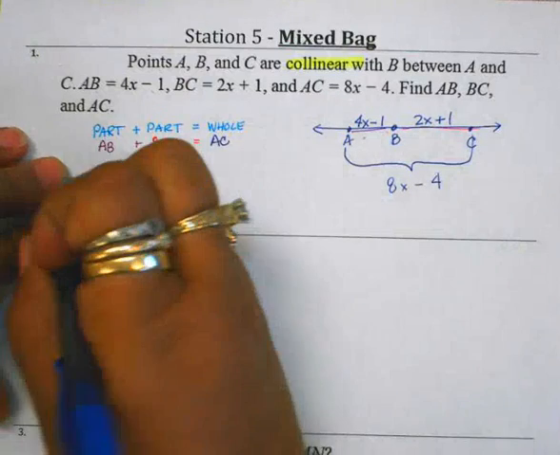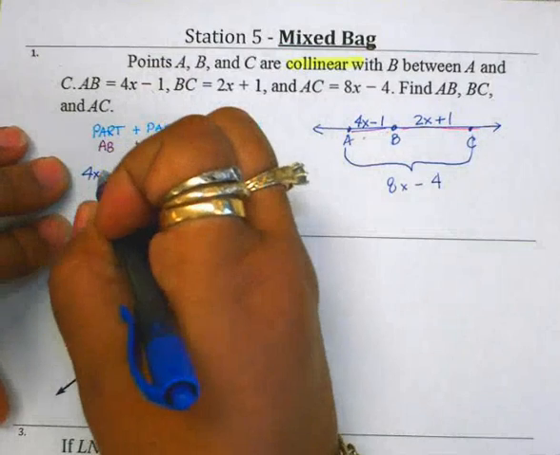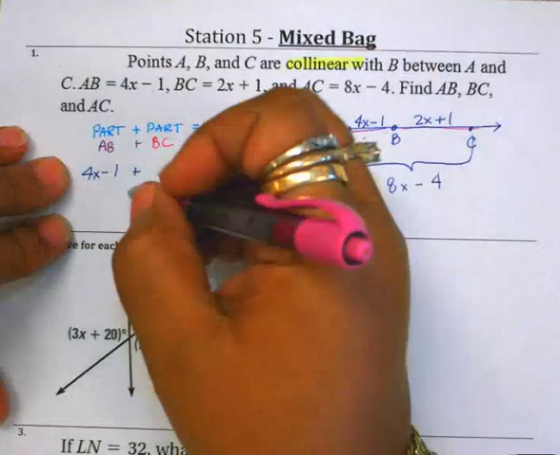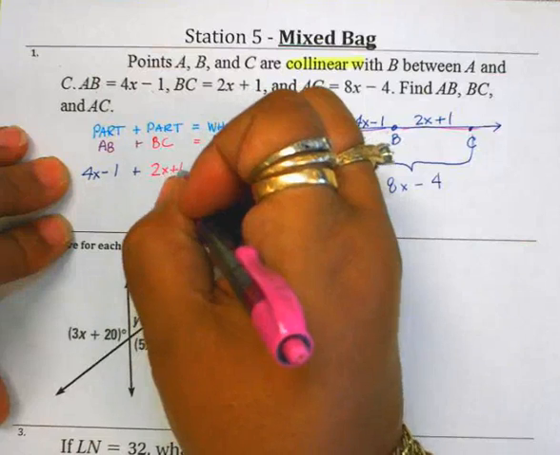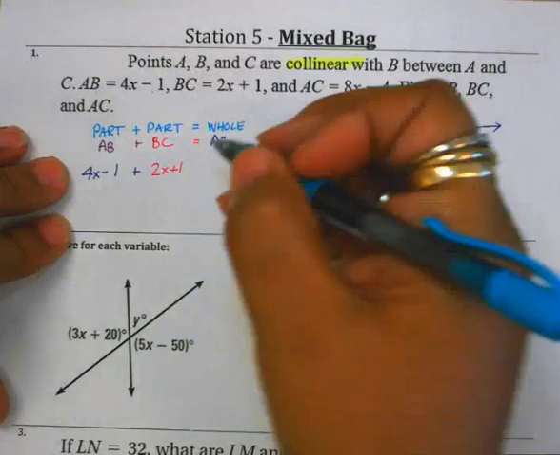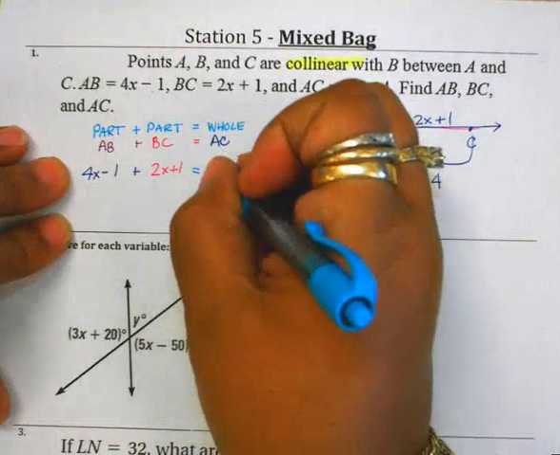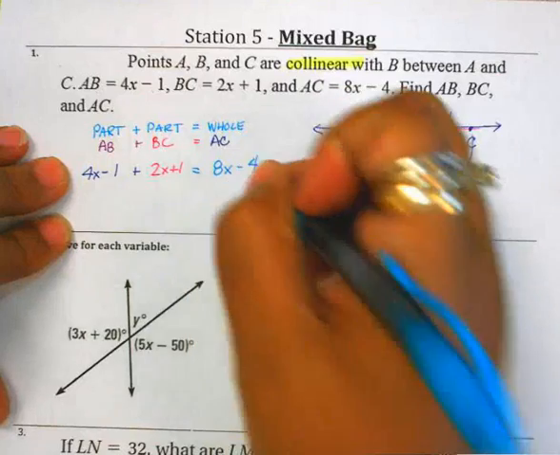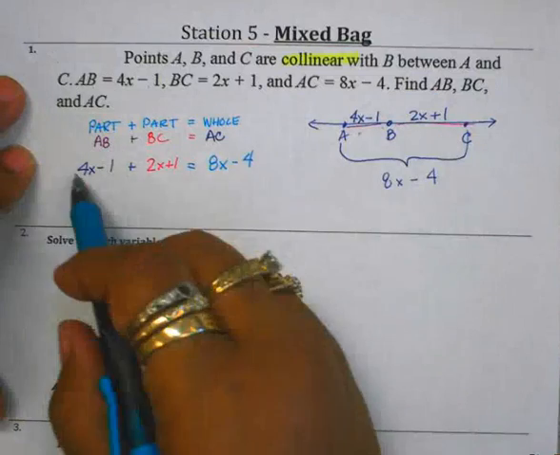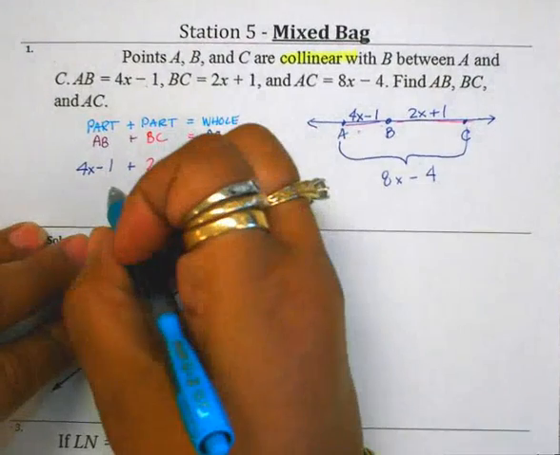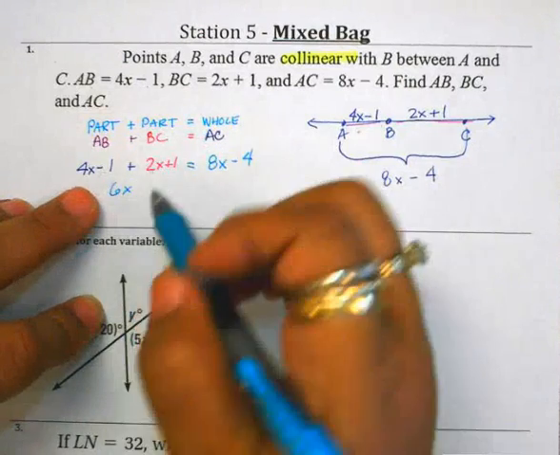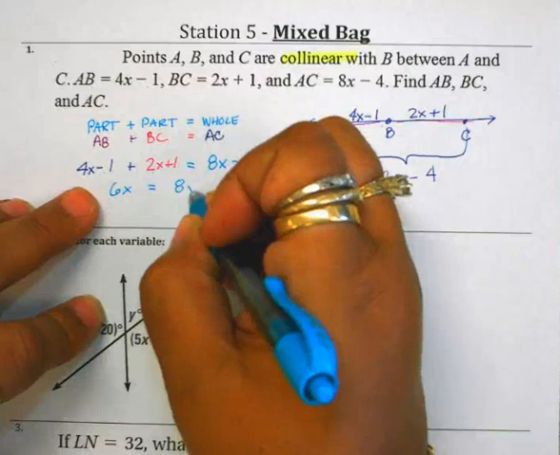AB is 4x minus 1. BC is 2x plus 1. And the whole thing, AC, is 8x minus 4. So now we have an equation that we can solve for x. Combine like terms, you get 6x, negative 1 plus 1 is nothing, equals 8x minus 4.